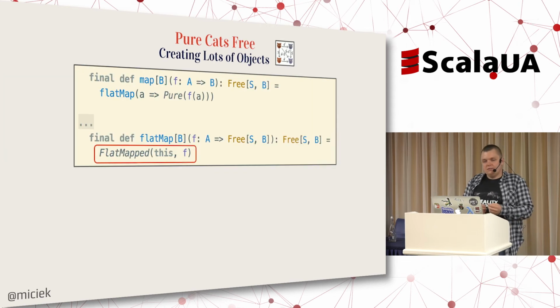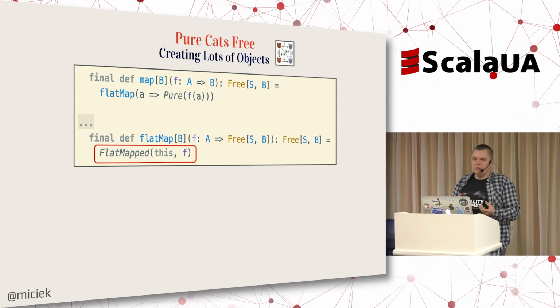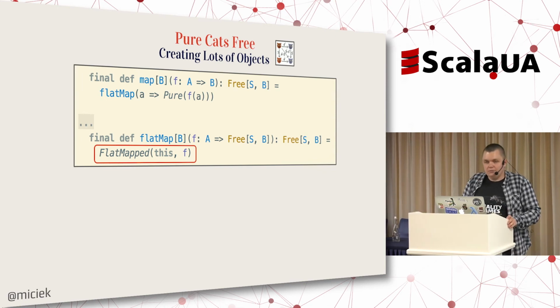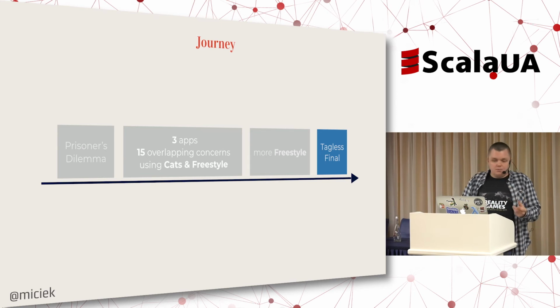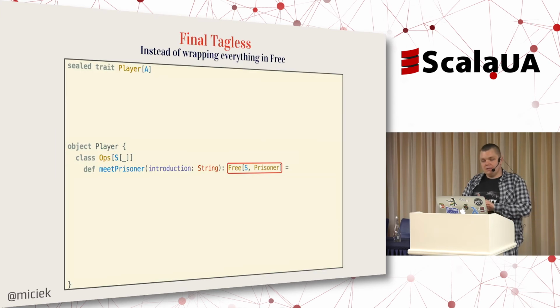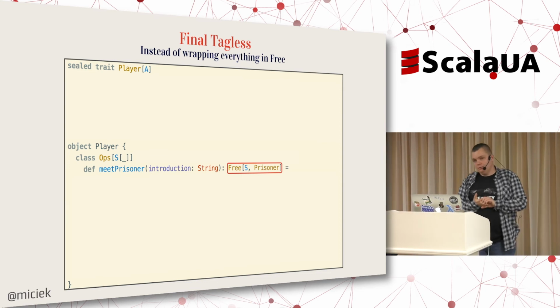And the second problem is that the free monad approach creates lots of objects. So it's very GC heavy. That may or may not be a problem in your application, but if it is, then you probably should be using the tagless final approach. And in Freestyle, you have something like that, and it's very, very easy to use.